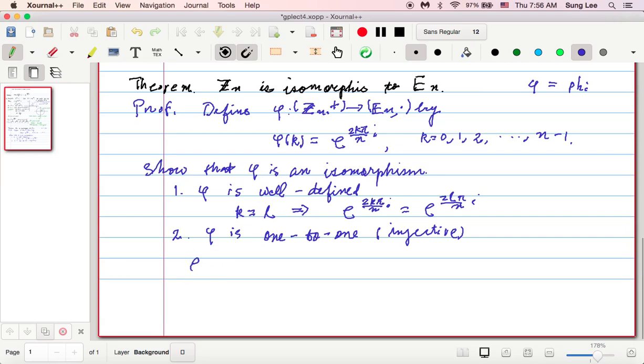It means that if e to the 2k pi over n i equals e to the 2l pi over n i, that implies k equals l. That's what we want to show. This is where we are heading. So delete this.